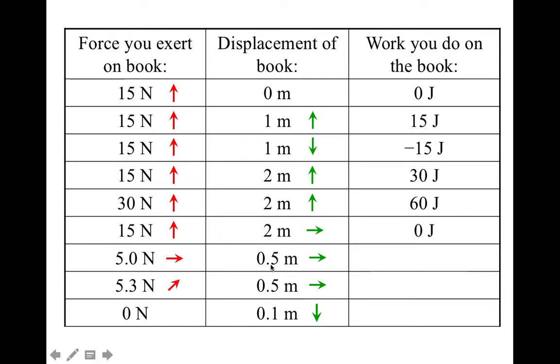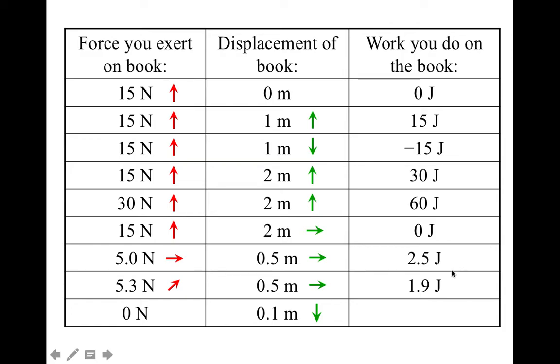And then 5 newtons times 0.5, we just take half of that, 2.5 joules. But right here, this is a 45-degree angle, by the way. So if I want to solve for this, I'm just going to say 5.3 newtons times 0.5 meters times cosine 45. And when I do that, I get, I think, 1.87, so it's 1.9 joules there.